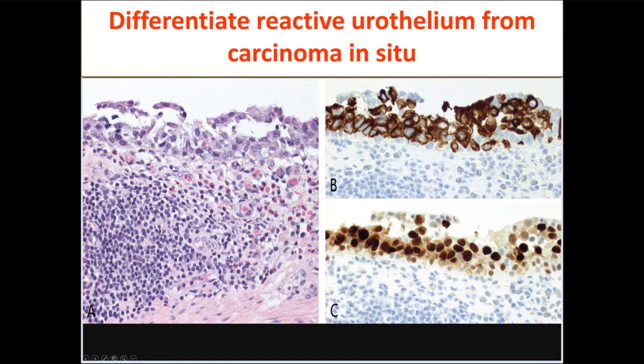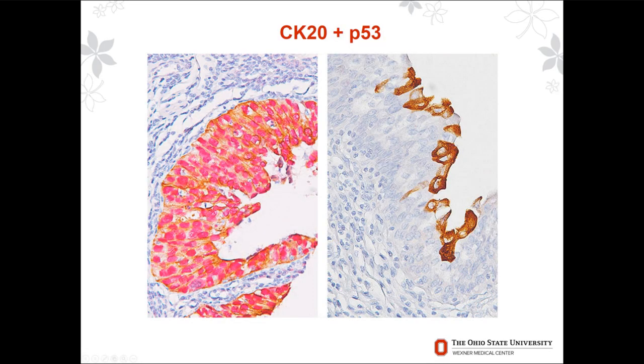So this is an example of a staining profile where you can see strong staining. This is CIS, and you can see strong staining with CK20 and P53. This is a combination stain with CK20 and P53.